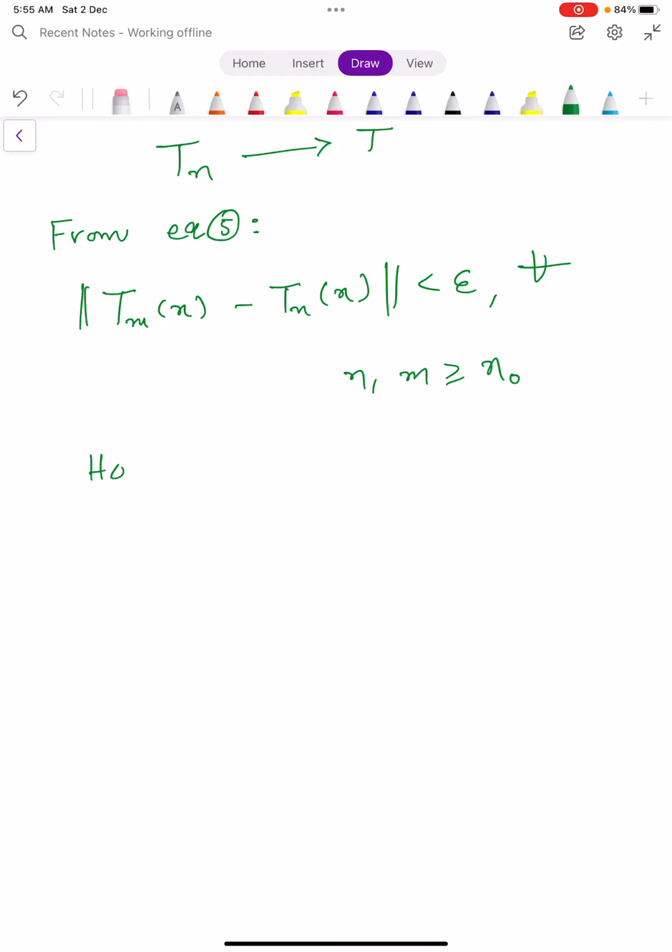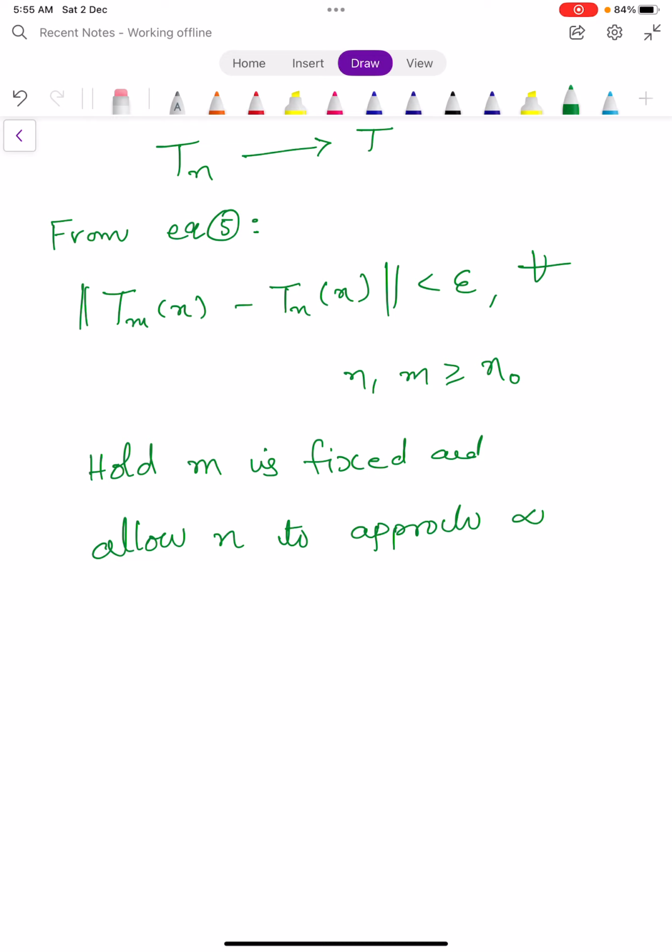Now hold small m fixed and allow n to approach infinity. Remember that we are holding m fixed and we are allowing small n to approach infinity.